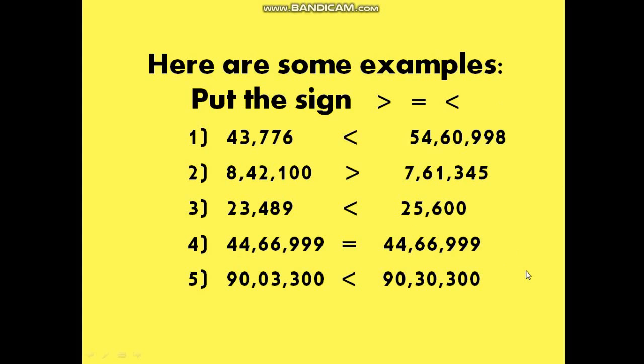Both are equal. So we are going to put the equal to sign. I hope you are understanding, kids. It's a very simple concept. You need to remember the rules. And how will you remember the rules? Once you practice and practice and practice, then only you will be able to remember the rules.